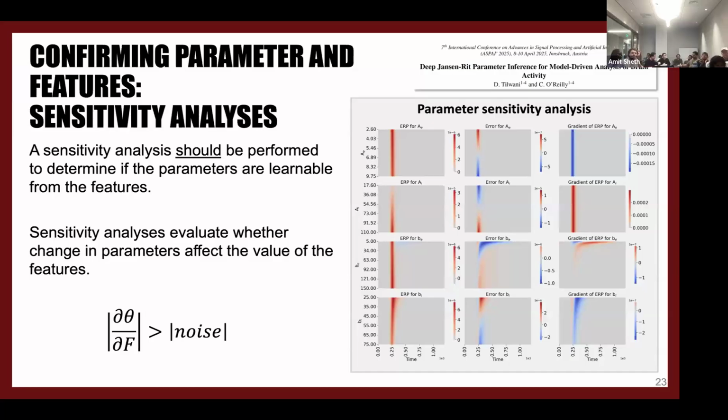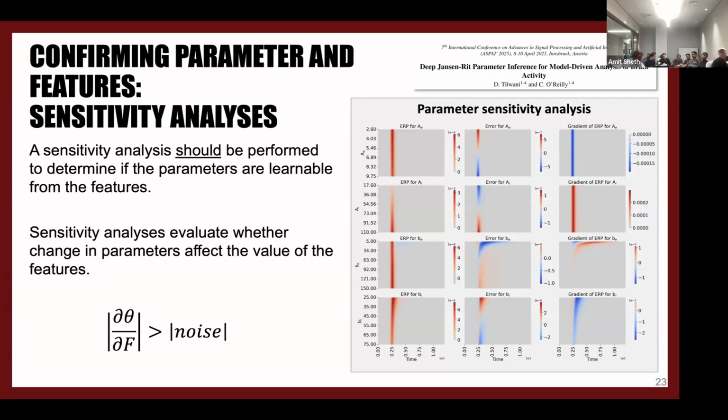Once you have your features, maybe not those from deep learning, but typically meaningful features, you may want to do a sensitivity analysis, because if you want to predict a parameter from an observation, the only way you'll be able to do that is if the parameter influences the observation. Maybe changing the parameter has no effect whatsoever on what you're observing. If that's the case, there's no way you'll be able to predict it or to learn that association, right?